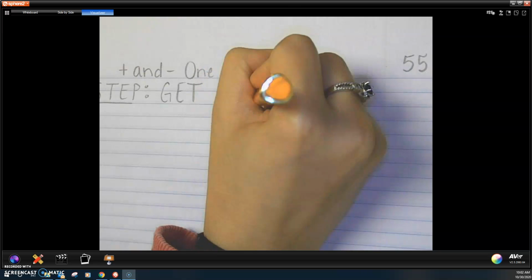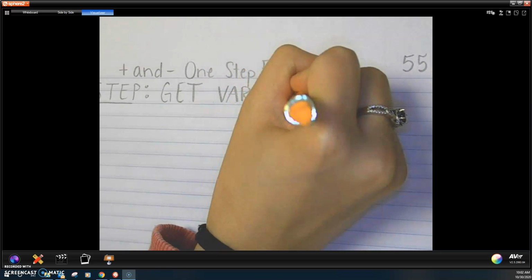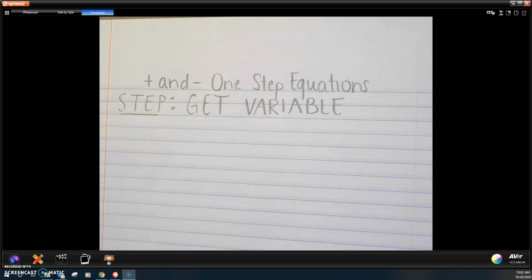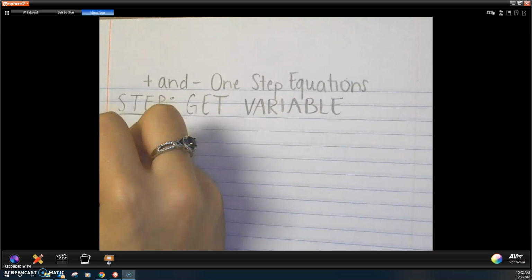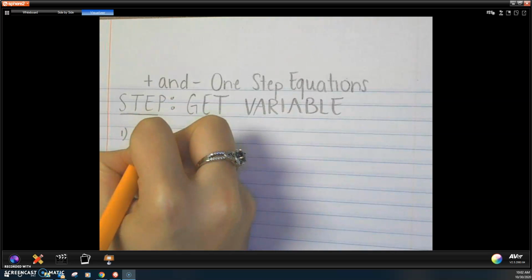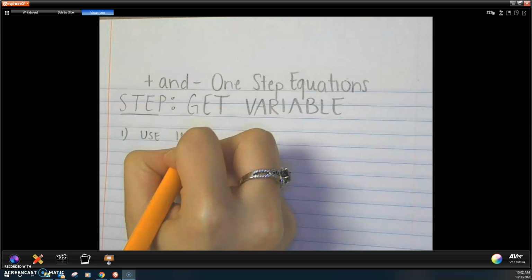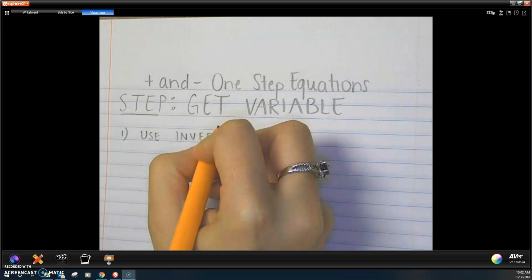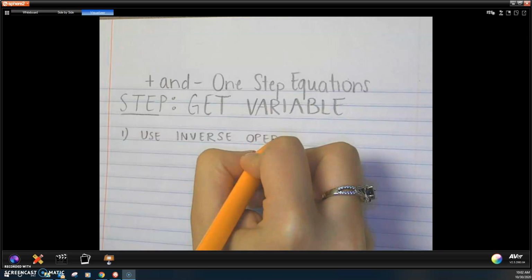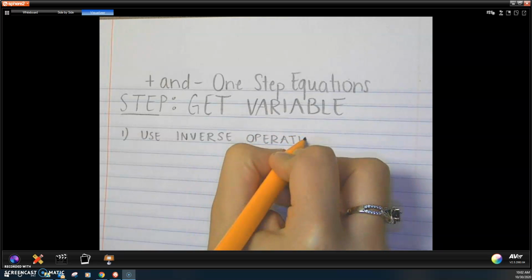So get variable alone. We only want the variable. And to do this, we need to use the inverse operation.